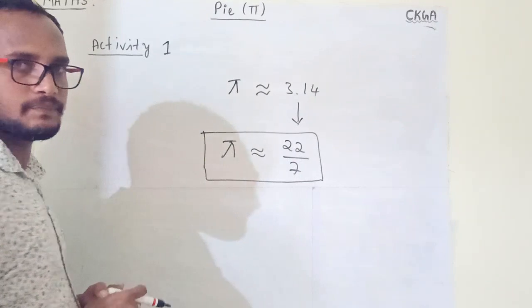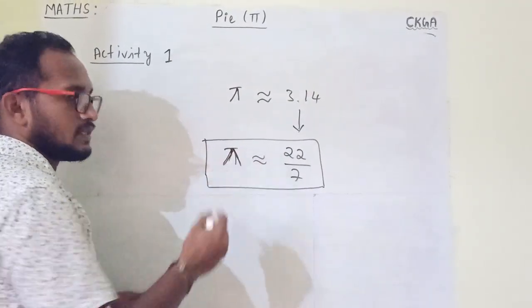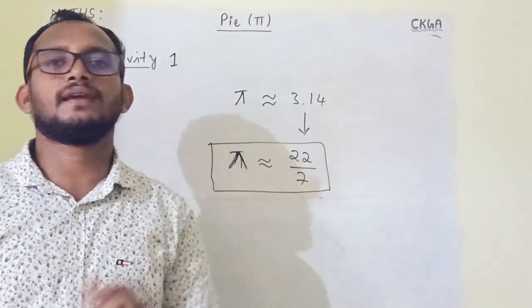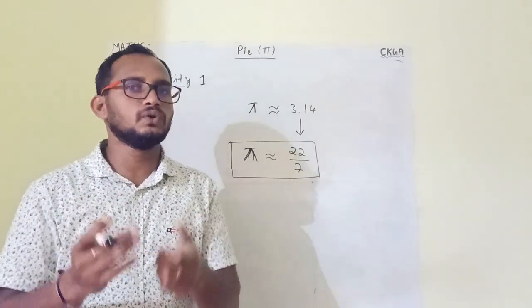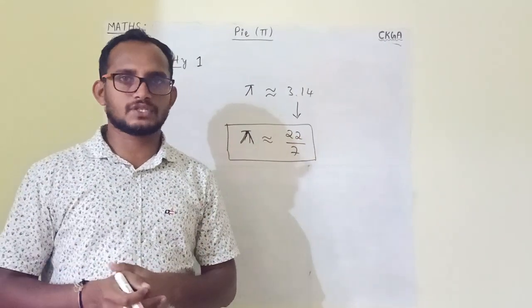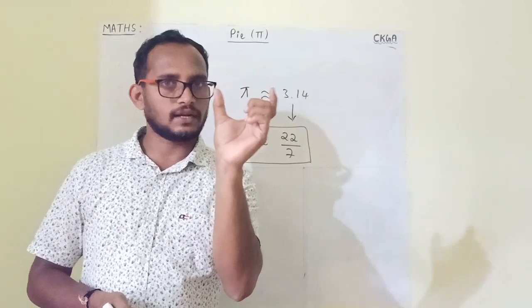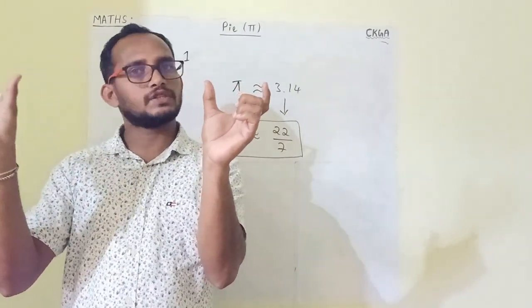Why pi? Pi is used with respect to circles. Pi is the 16th letter of the Greek alphabet. If you use Google Translate from English to Greek and type circumference, the Greek word starts with pi.